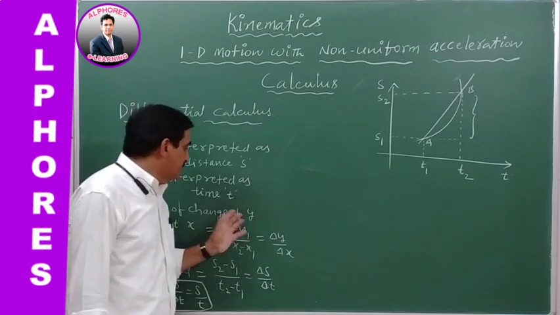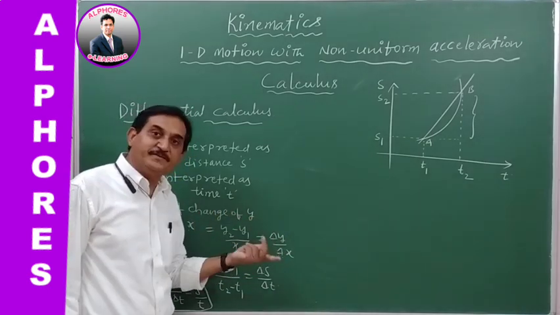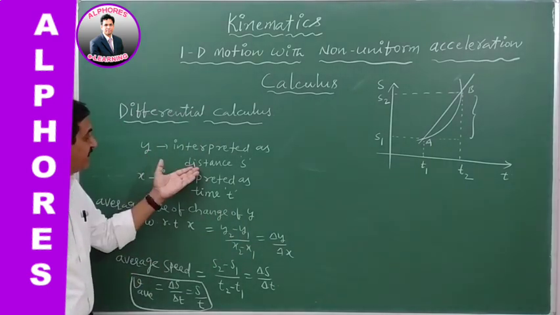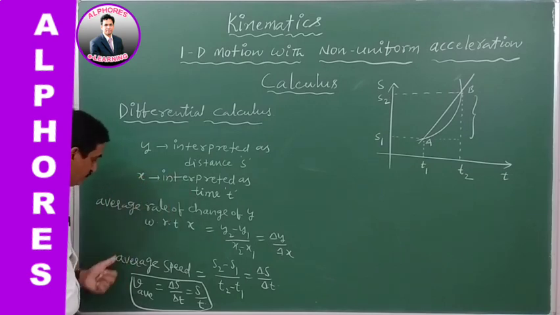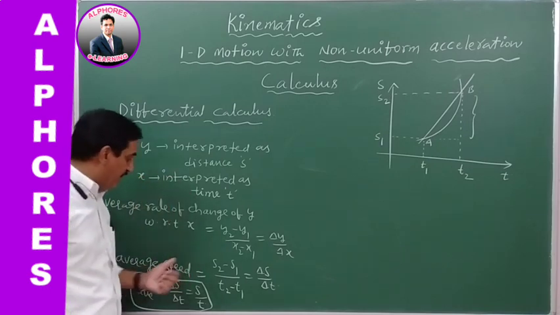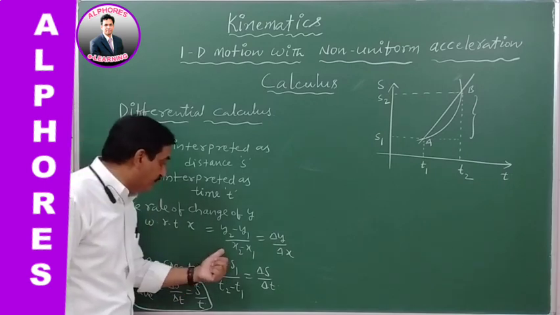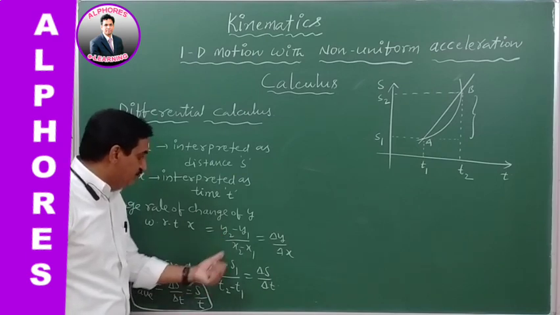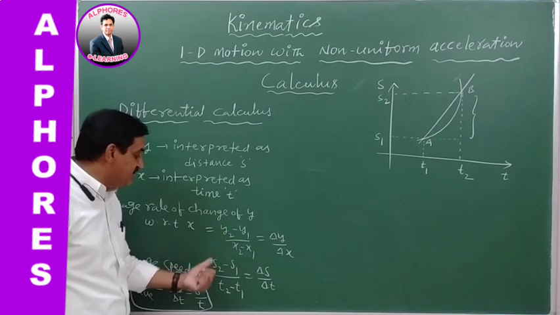This is the average rate of change of y with respect to x. Next, if y is interpreted as distance s and x as time, the average speed can be obtained here. Average rate of change of s means y2 is s2, y1 is s1, because y is interpreted as distance.